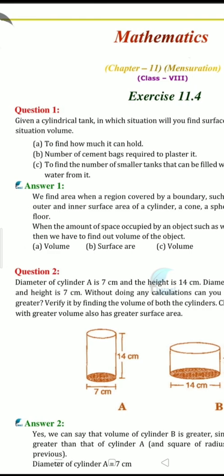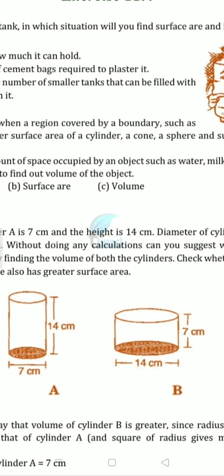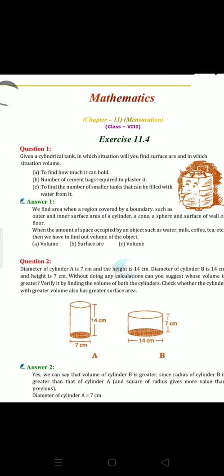Second one, diameter. Now there are two cylinders given. Look over here, one's diameter is 7 and height is 14. Another one, diameter is 14 and height is 7. So how can we work it out? First of all, they want to know whose volume will be more, and also whose surface area will be more.